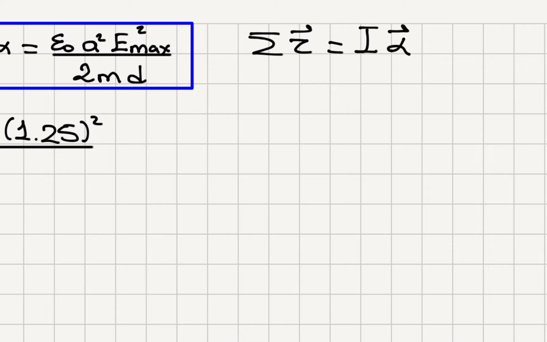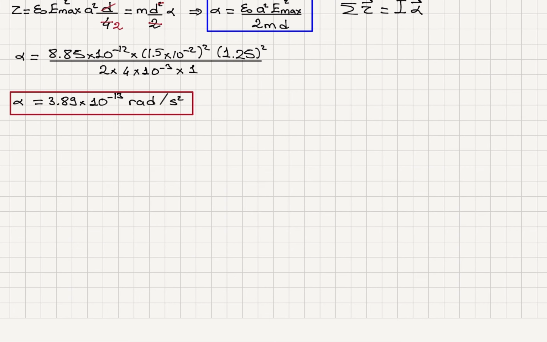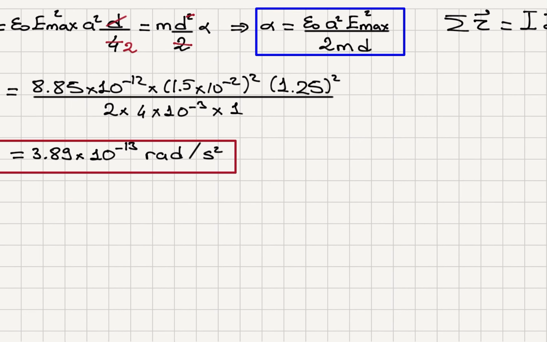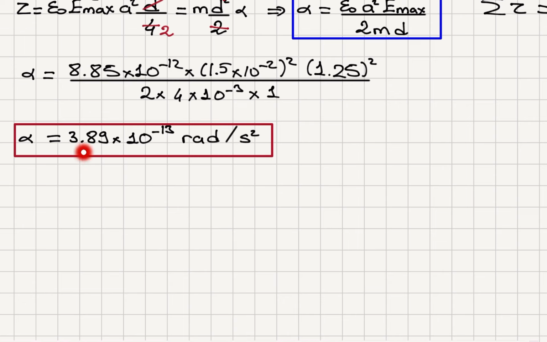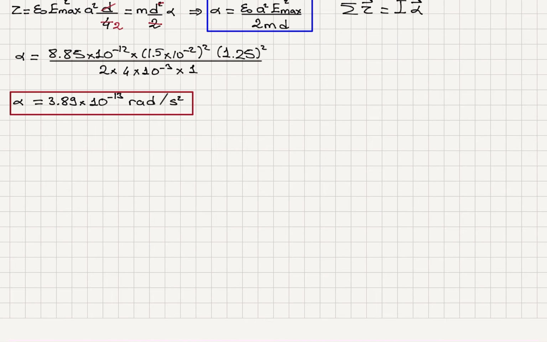That is the net torque acting on the system is moment of inertia times the angular acceleration. That's Newton's second law rotational form. So from this equation we obtain alpha. Md squared over 2 alpha is the net torque, and we can calculate alpha here, and when we substitute the numbers we obtain a relatively small angular acceleration, 3.89 times 10 to minus 13 radians per second squared.